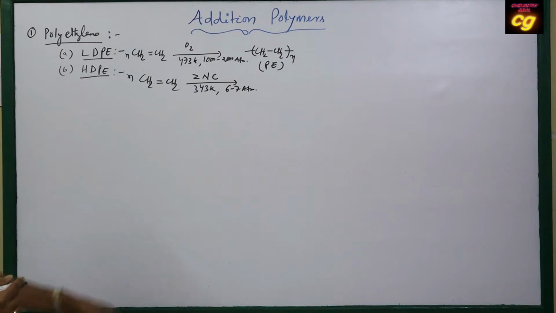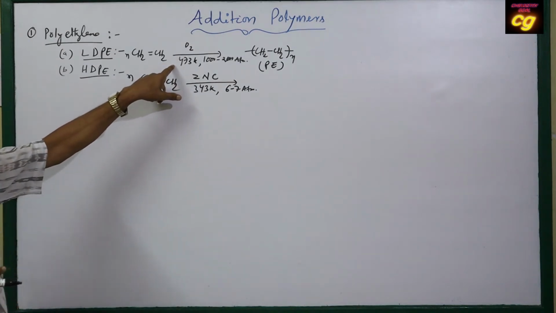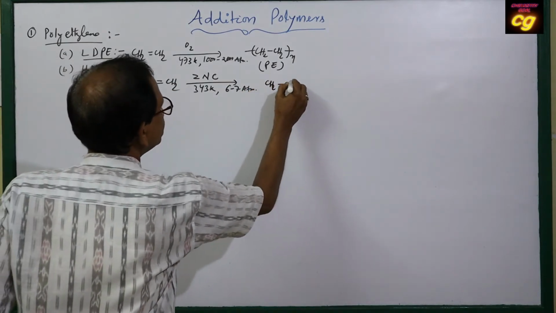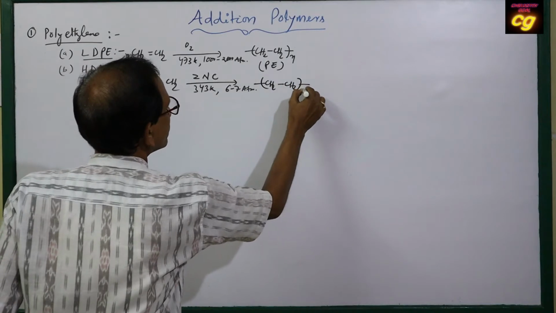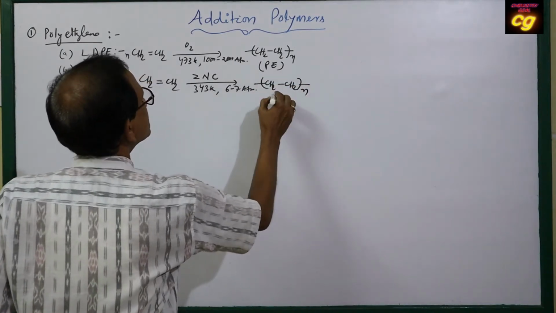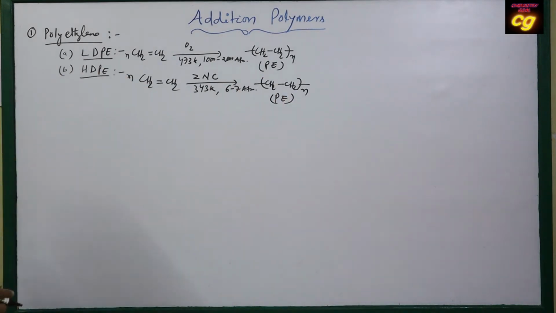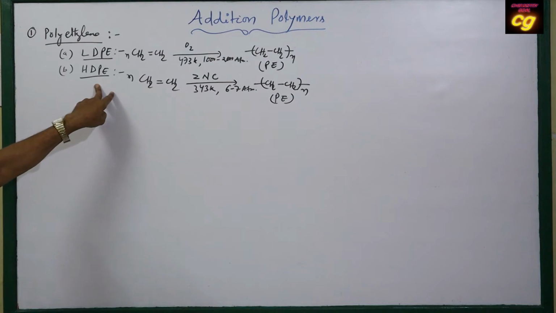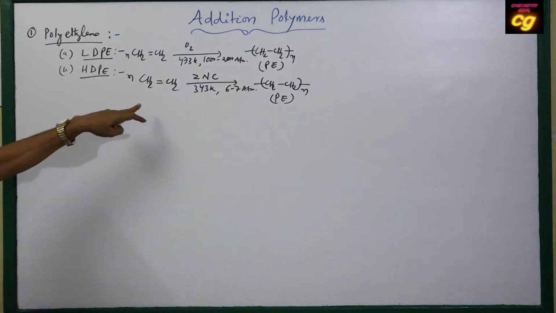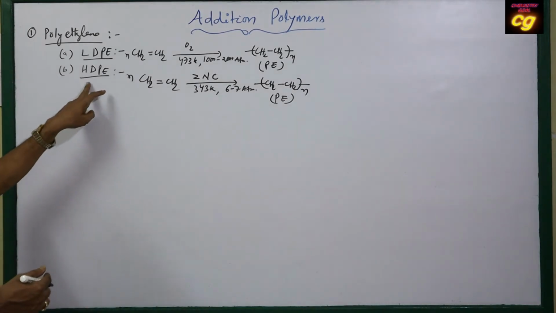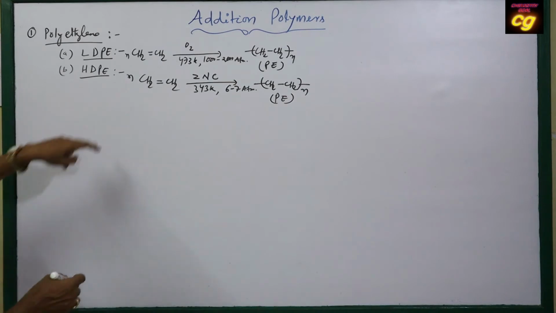Very low pressure and low temperature compared to LDPE, and the structure is the same. It is the same polyethylene, but it is called high density polyethylene. Here the intermolecular force is more and it has a high density. It is mainly used for the preparation of buckets, cups and plates. This is your LDPE and HDPE.